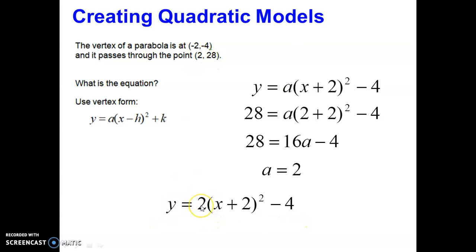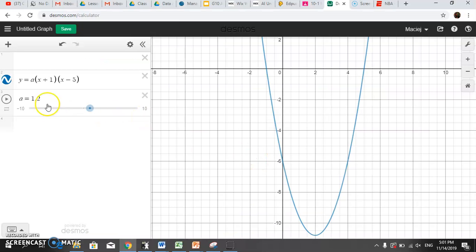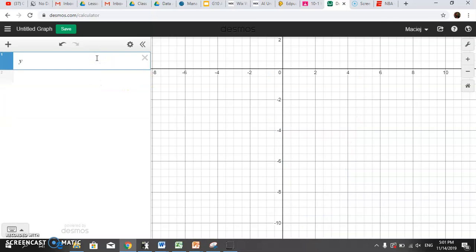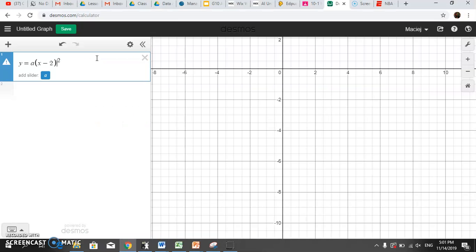A must be 2. Again, we could look at Desmos for a moment to see what's going on there. So let's check. Y equals a times x minus 2. It was minus 2, right? No, it's plus 2.